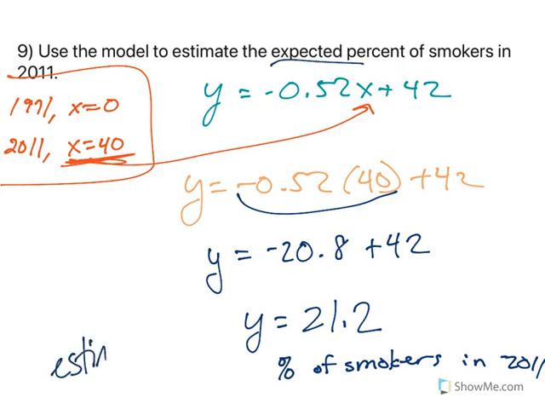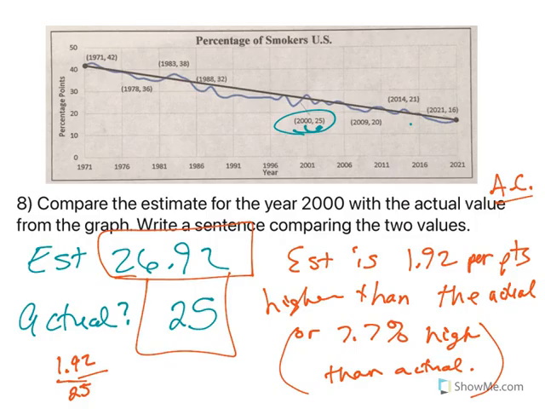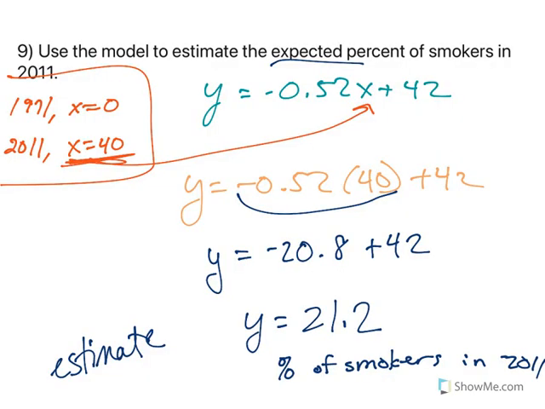This is an estimate. It is not factual. We are using the model. If we look at 2011, they don't give us that data, but it's pretty close. The blue line and the black line are pretty close there. So that is how we can use the endpoints to find the slope and work through the trend line.